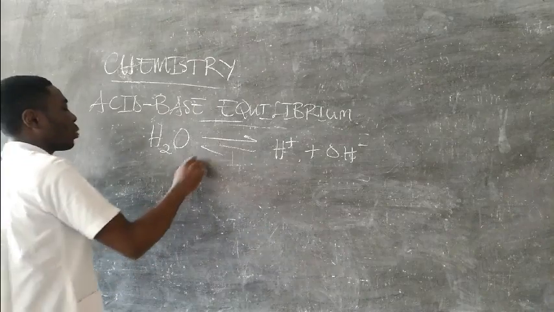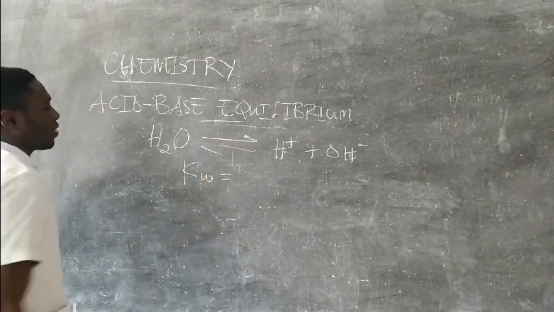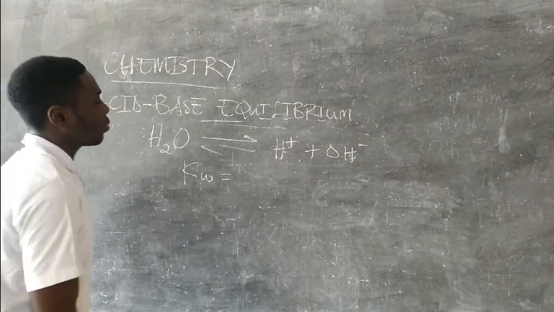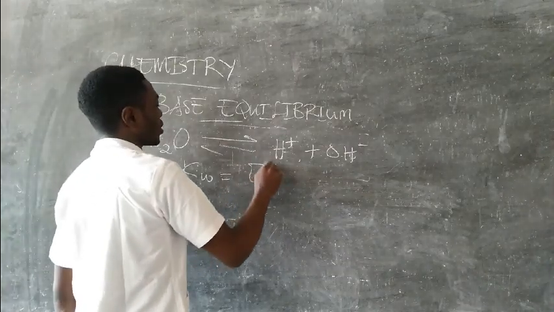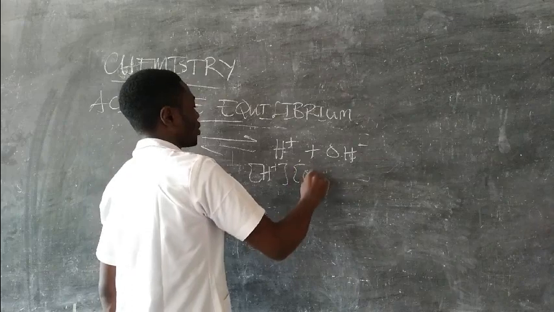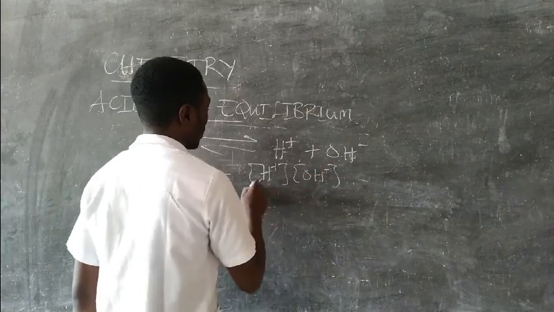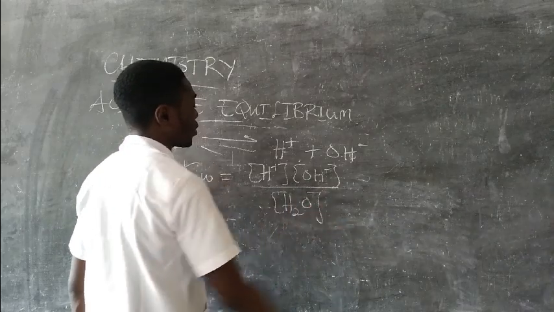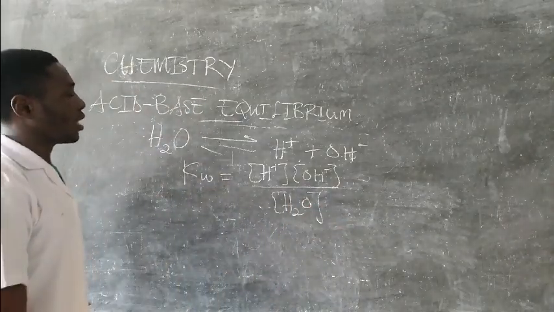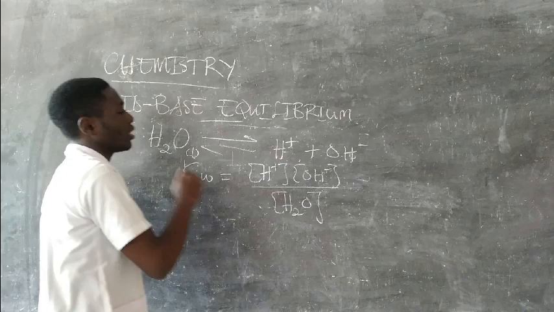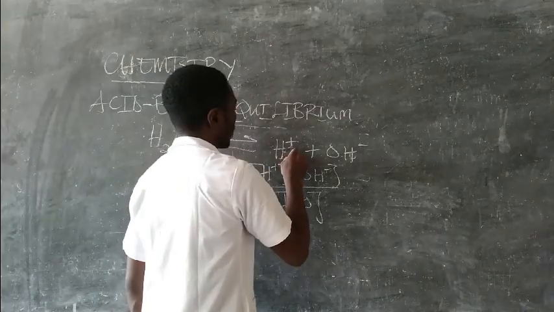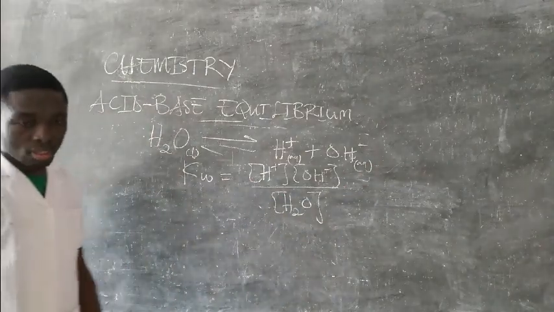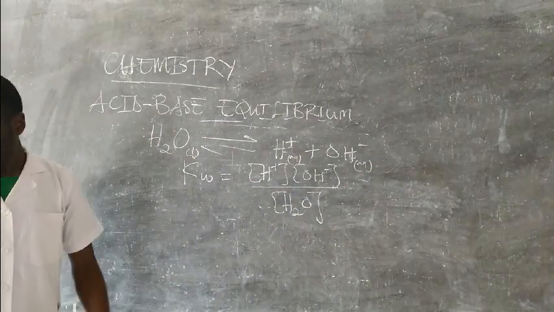So if you write the equilibrium constant of water, Kw (remember for the acid it was Ka, for the base it was Kb), Kw is written as the concentration of H plus times the concentration of OH minus divided by the concentration of water. Now the concentration of liquid water is always considered to be unity. This is liquid, this is aqueous.